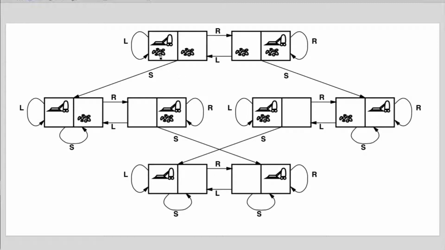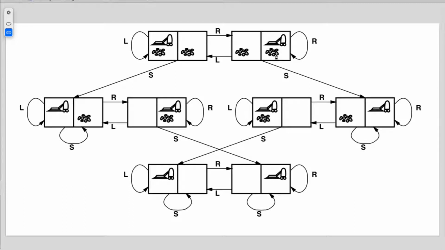So if we're in this state on this top left, then we're able to move left, which means we'll do nothing because we're already in the left square. Or we can move right, which transitions us following this edge over here to this state of the world right here, where the robot's now in the right square. Both squares are still dirty, so we didn't really do anything other than move.